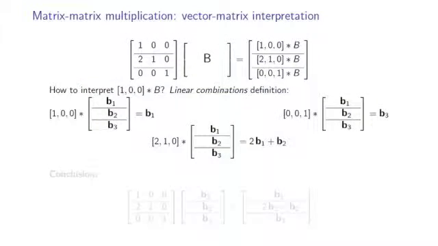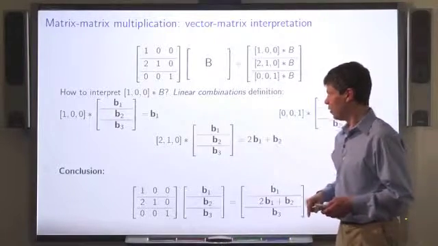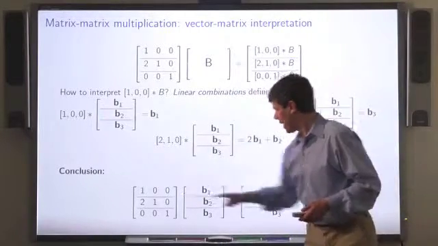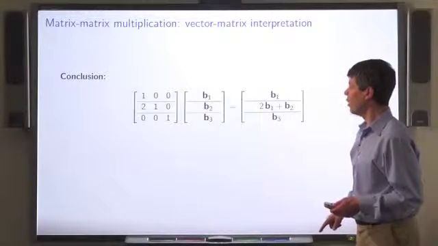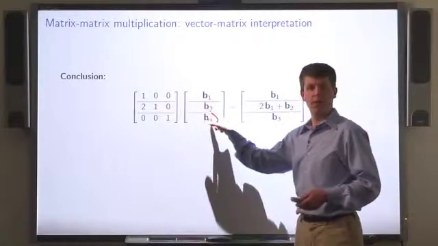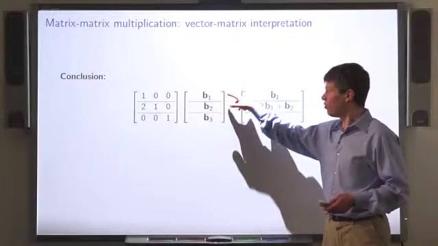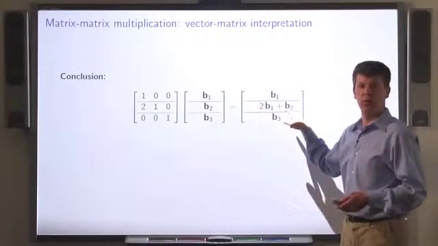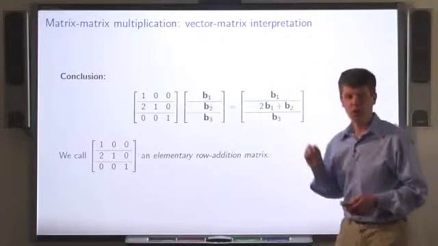And the product 0, 0, 1 times the matrix picks out just the third row, B3. So in summary, we get this product. So what is this doing? Multiplying this matrix by this matrix really adds twice the first row to the second row. For that reason, we call this an elementary row addition matrix.